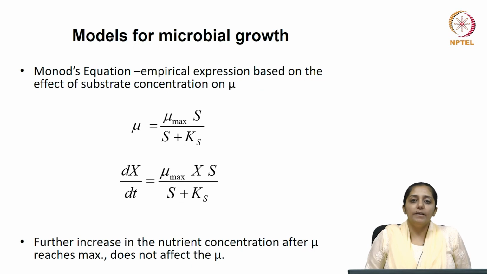The most widely used unstructured distributed model is Monod's growth model.